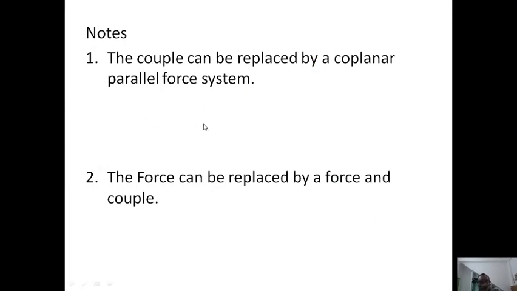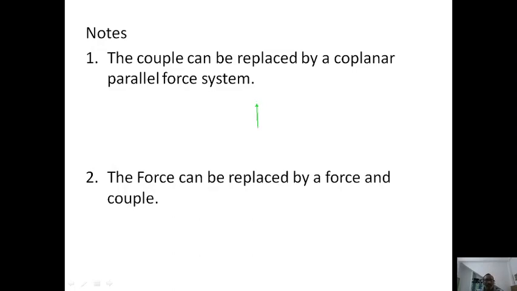There is a small extension on forces and couples, and how they can be interchanged and represented. A couple can be replaced by a coplanar parallel force system. What is a couple?